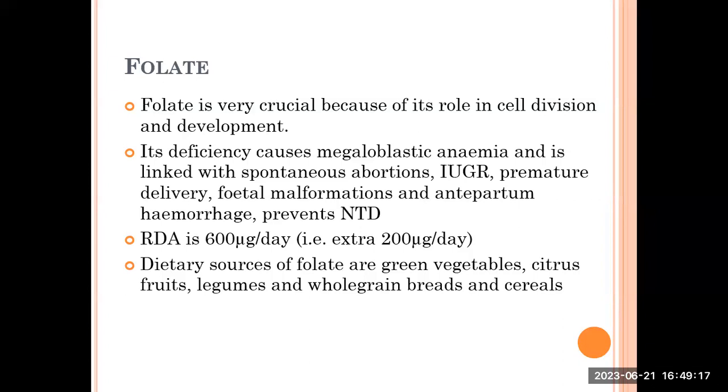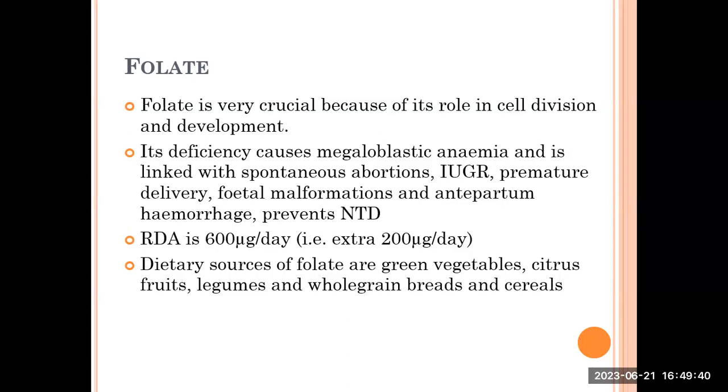Now, one important aspect of folic acid that has become very well known of late is that it is essential in the rapid development of tissues, because tissues need a lot of protein synthesis and a lot of DNA to be synthesized, and folic acid plays that crucial role.